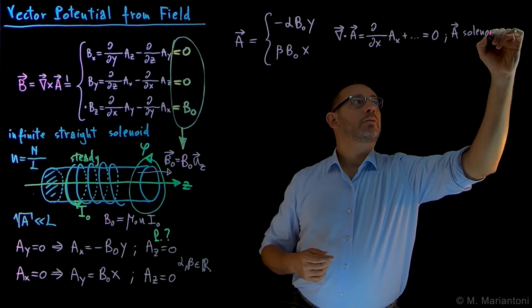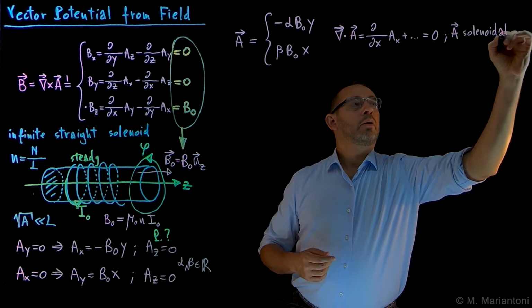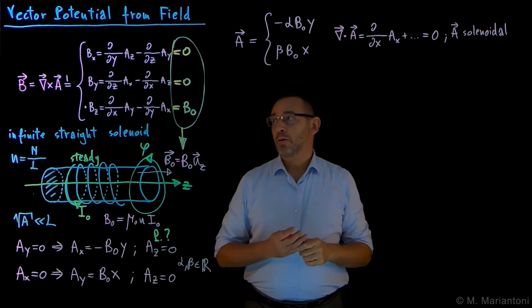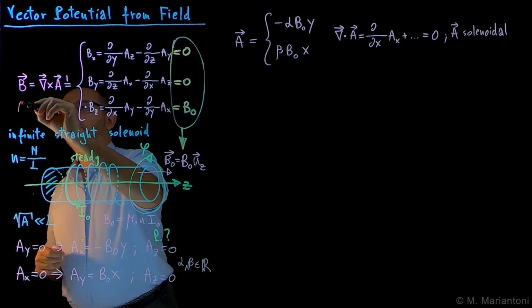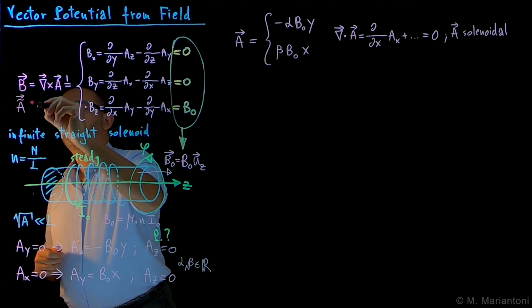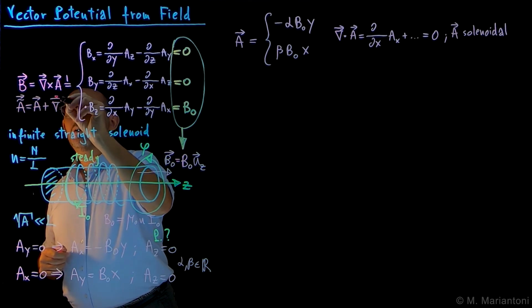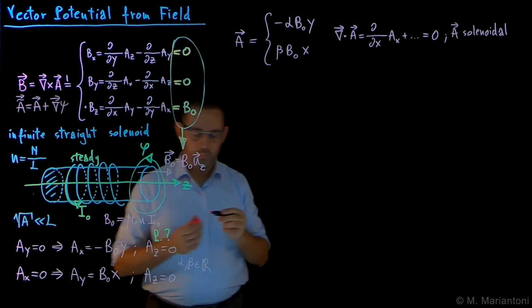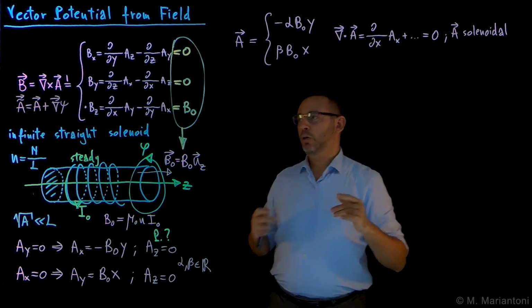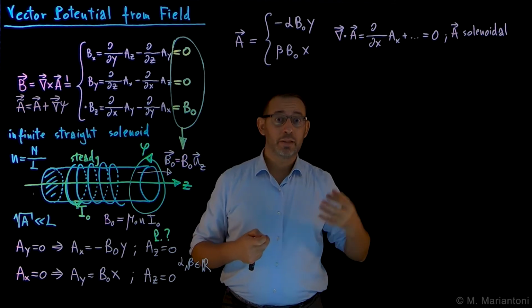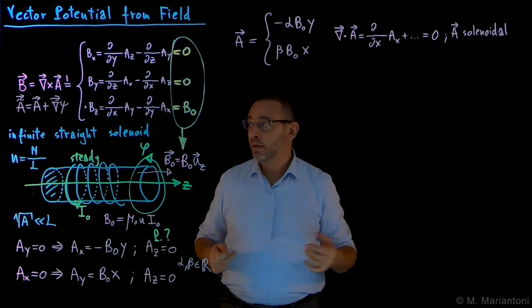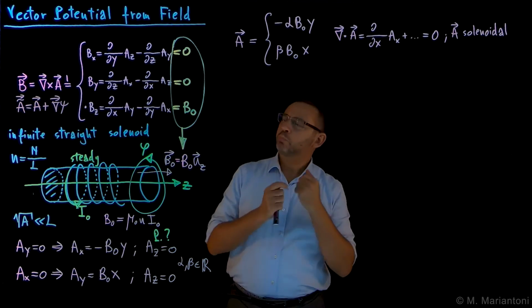I remind you that among the infinite set of possible vector potentials A associated with B, you can always write a new vector A tilde equal to A plus the gradient of a scalar field psi. In fact, at the end of 342, we are going to see that this is a condition which is called gauge condition and is fundamental in the theory of electromagnetism later on, and it's very general.